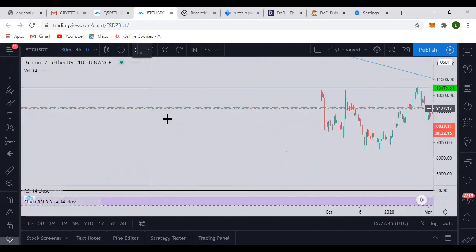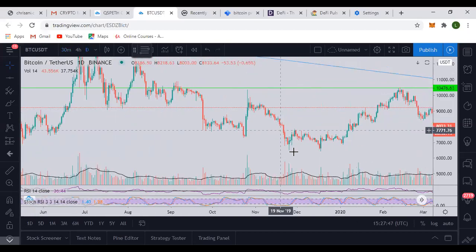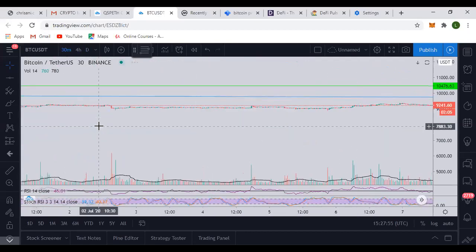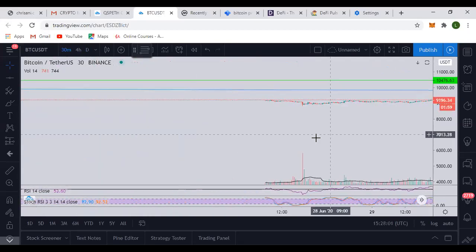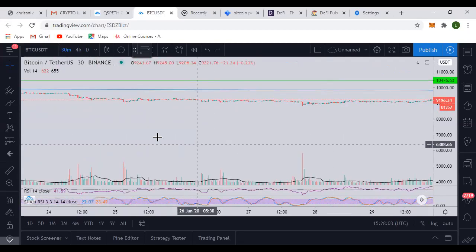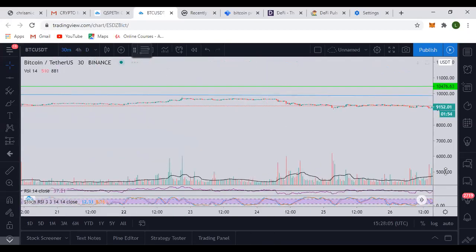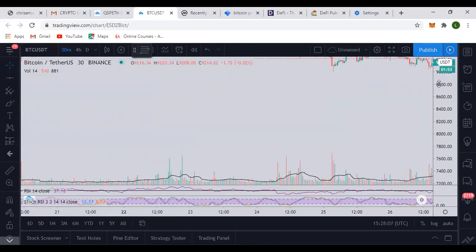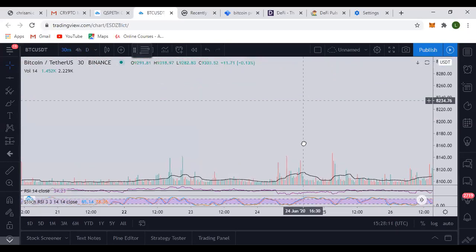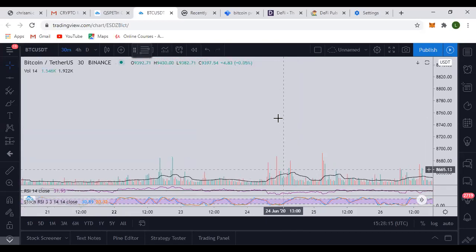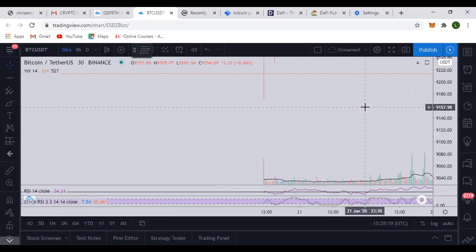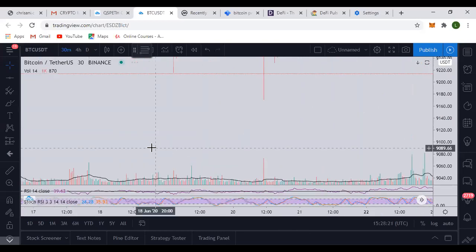Hold on. This was November 2019, October 2019. I want to show us that place that looks small, to show you that it actually trended downward.